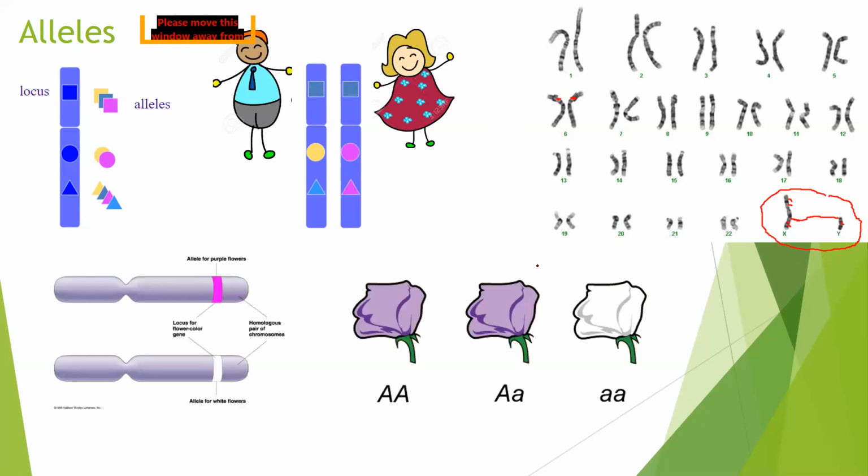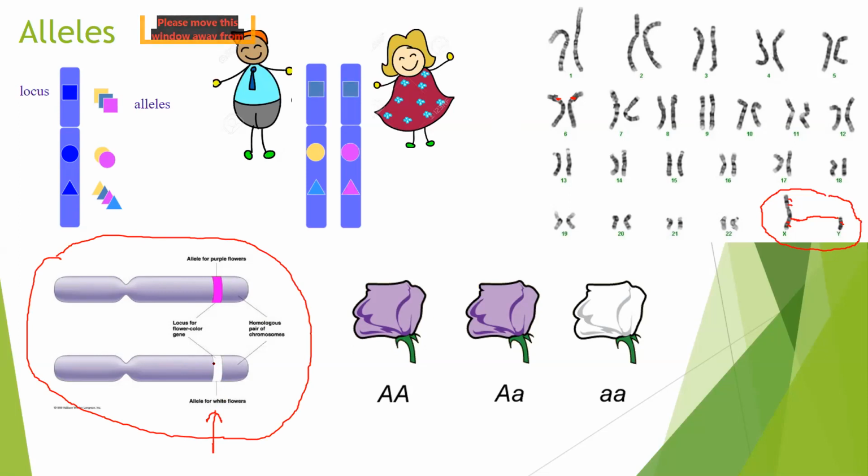Very good. All right, so let me give you an example, from Mendel's experiment. As I mentioned, one of the traits that Mendel studied is the flower color of the pea plants, right? These are the two homologous chromosomes. If we look at this locus, there's one gene which controls the color of the flowers.